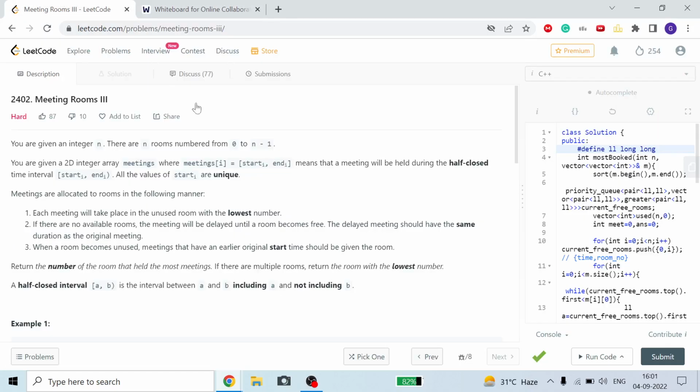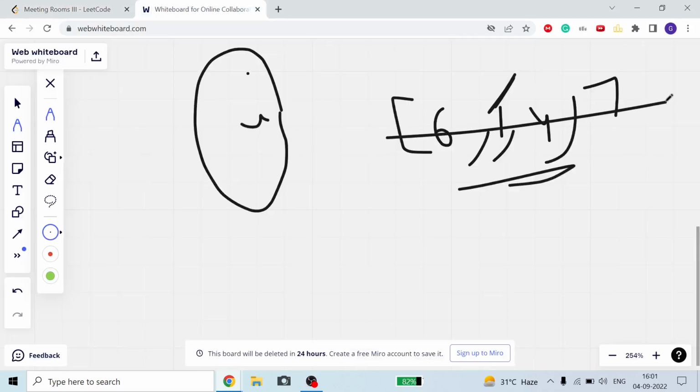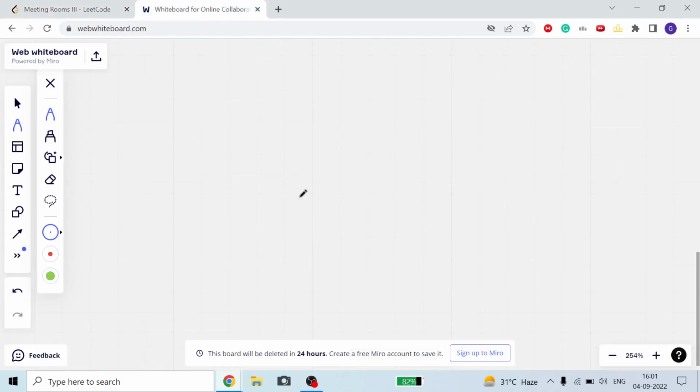And if there are no available rooms at the current moment, then what we can do is put this particular meeting in a queue or some other data structure, and when a room becomes free, we assign it. Suppose meeting i comes and no room is free, then meeting j comes, then meeting k comes, and then some rooms become free.